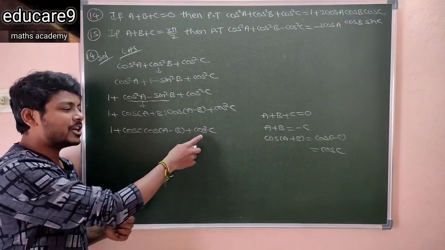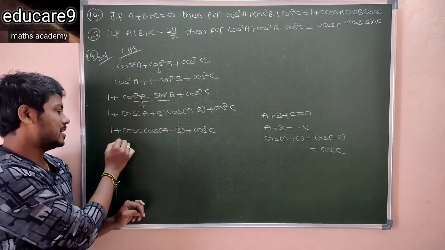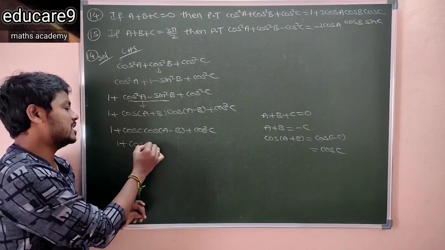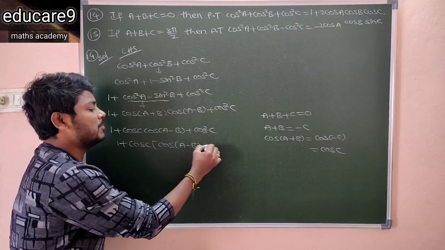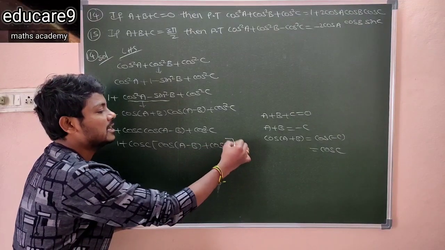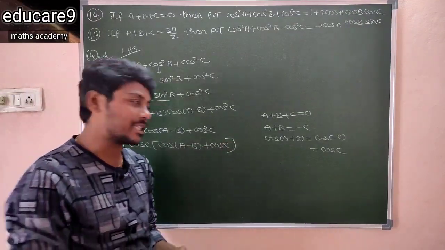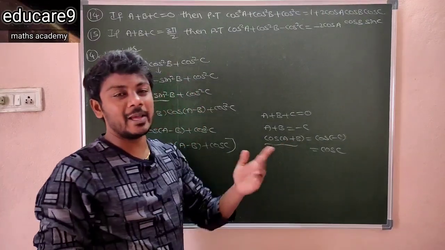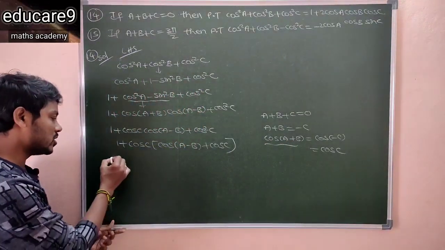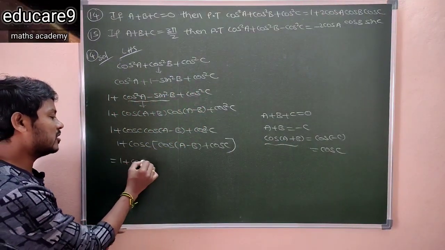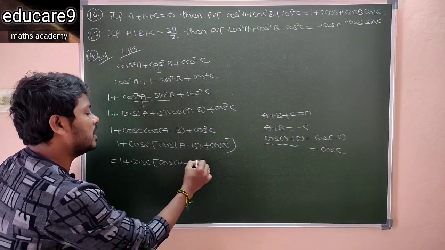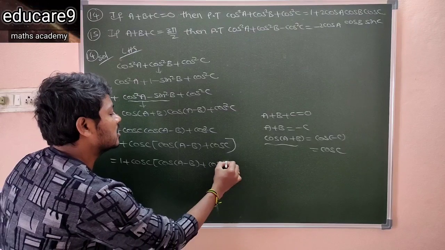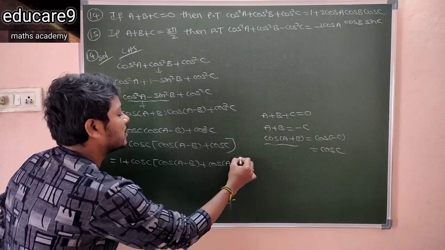Again, in both terms cos c is common. So 1 plus cos c is common. You will get cos of a minus b plus cos c. Again, how to write cos c? Cos of a plus b. So this is equal to 1 plus cos c into cos of a minus b plus cos of a plus b.